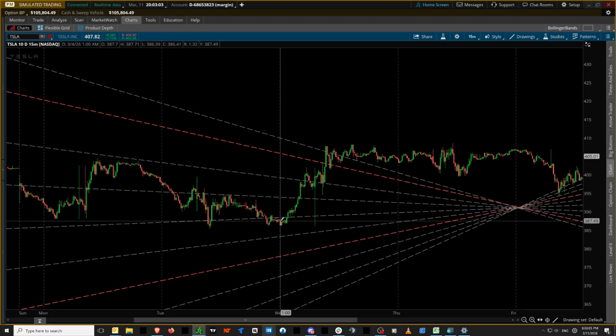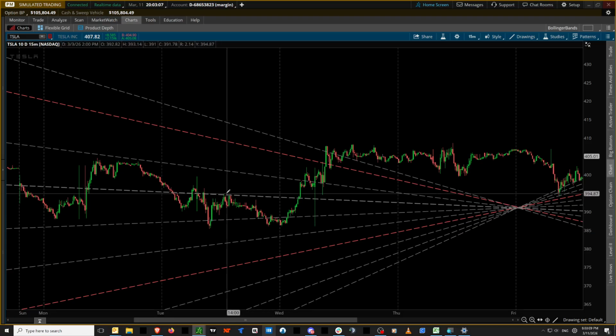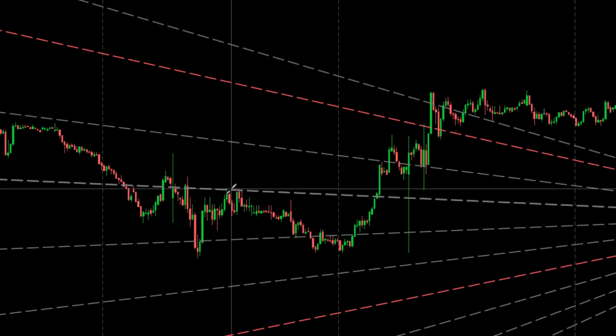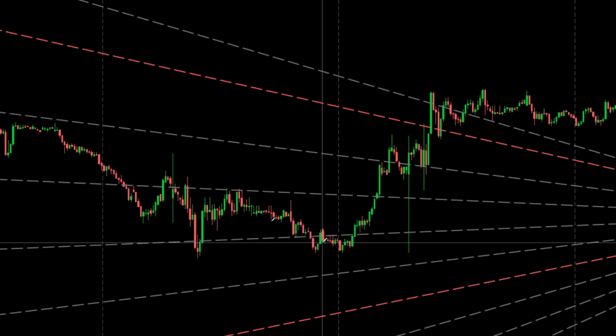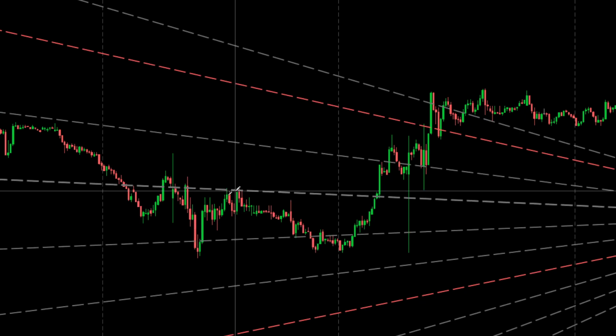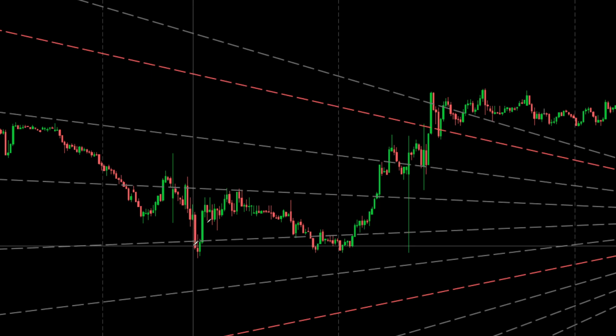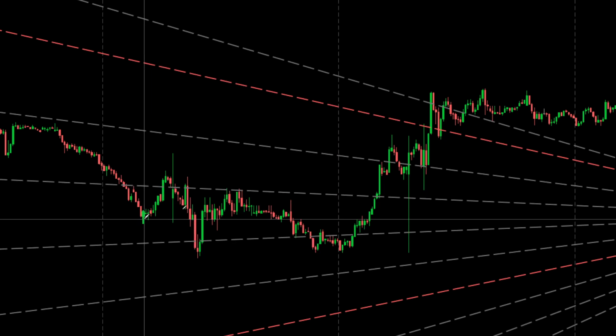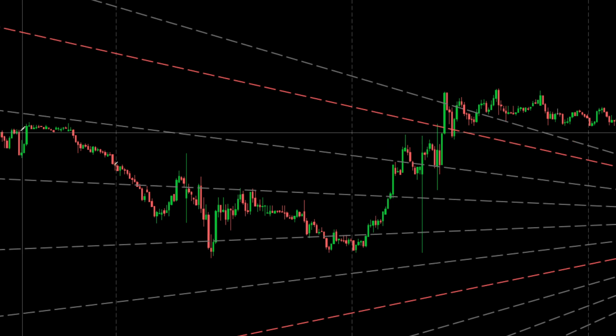Not exactly dead on it, but okay. But you see this move went from one fan line to another fan line. And in fact, if we go back, we went from this one to that one, looky there, to this one, to that one. There's a midpoint. Remember, there's a half point here.